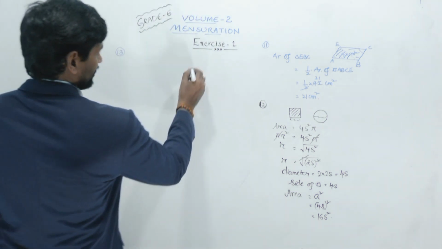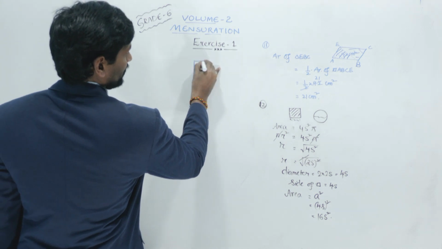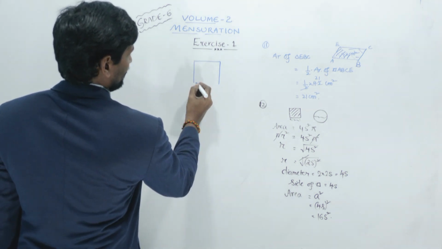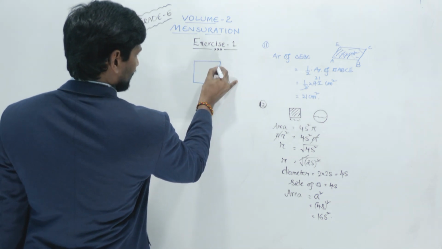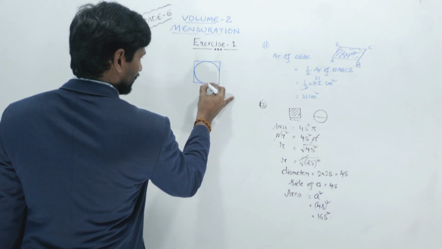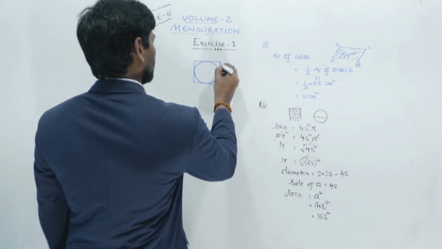The diagram shows one square, and in the square there is a circle. That means the circle touches all four sides of the square.